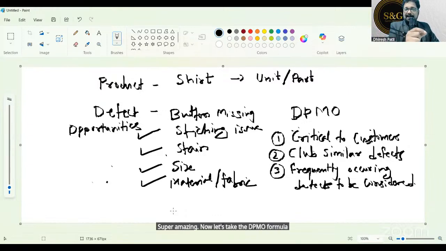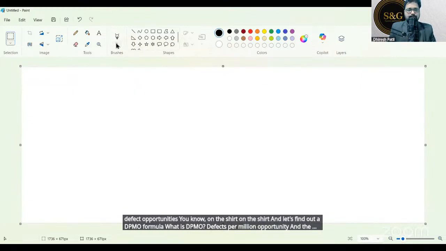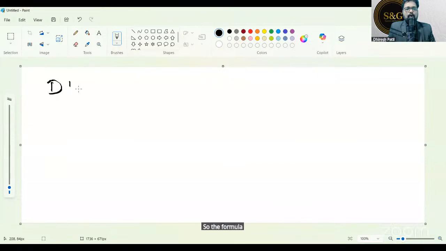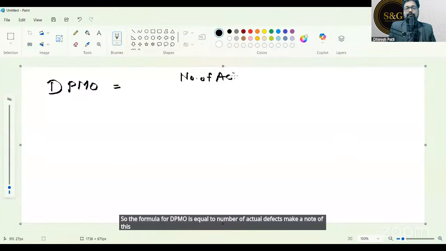Now let's take the DPMO formula. We have identified the defect opportunities on the shirt, and let's find out the DPMO formula. What is DPMO? Defects per million opportunities, and the formula is this. DPMO is equal to the number of actual defects. Make a note of this. First, write down the formula, and I will explain.